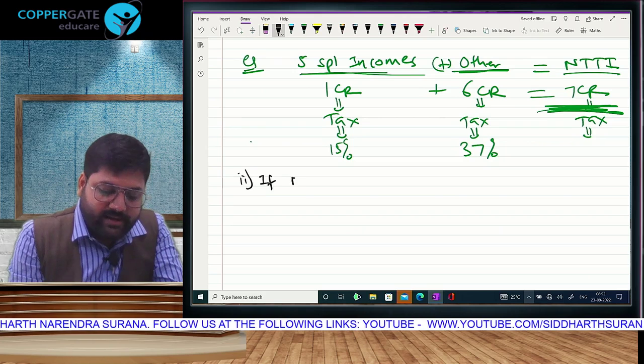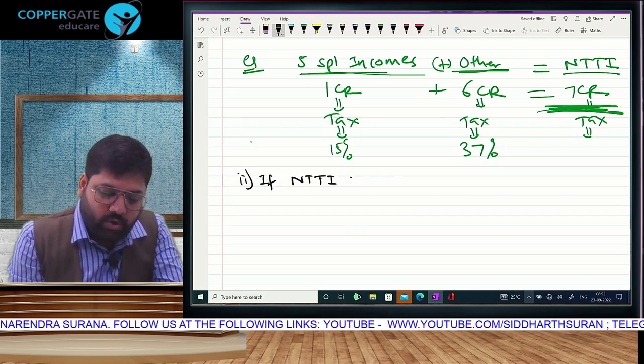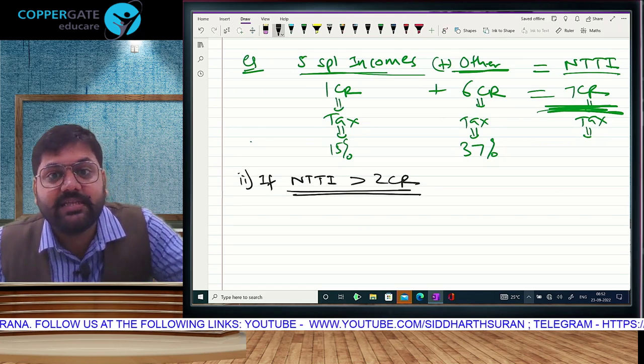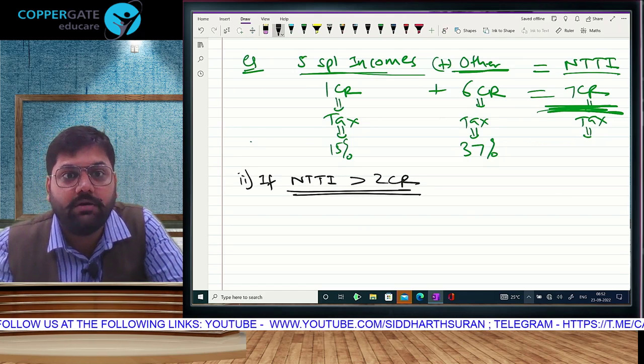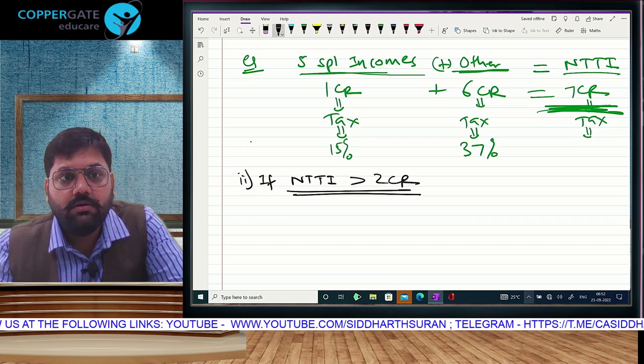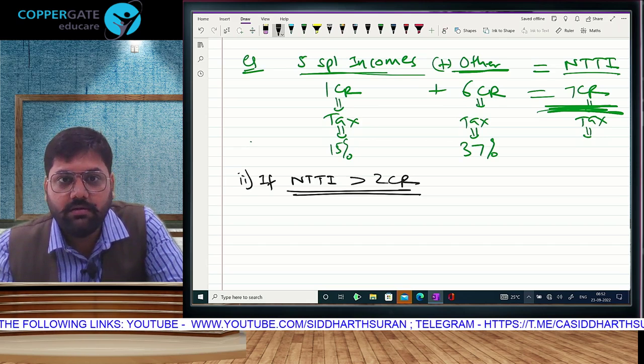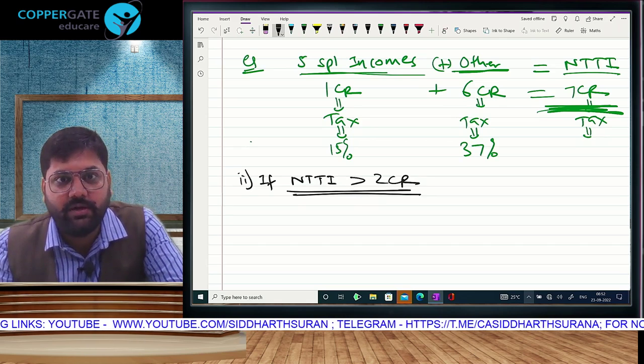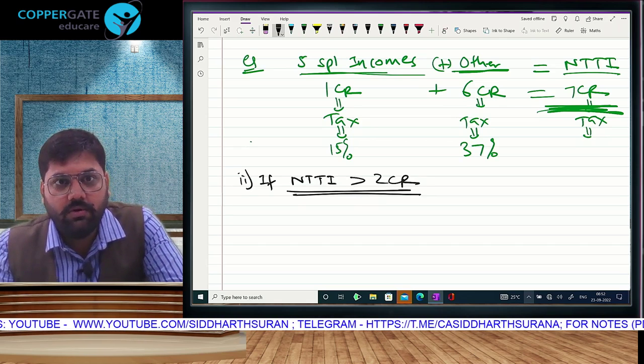Now the second point. If your net taxable total income is crossing 2 crore, that is precisely the reason why you are becoming liable for 25 and 37. If this was not crossing, then 25 and 37 is not applicable only.